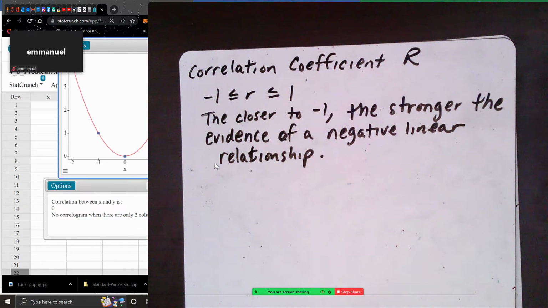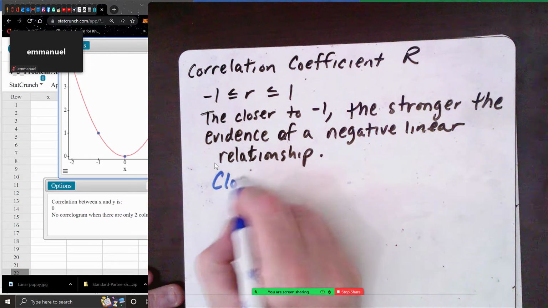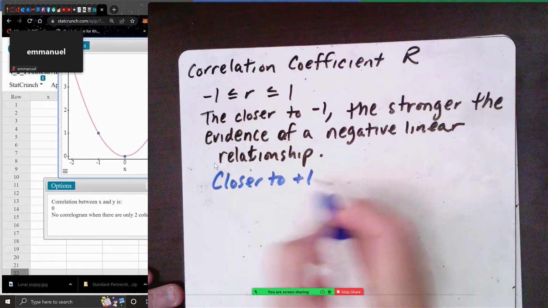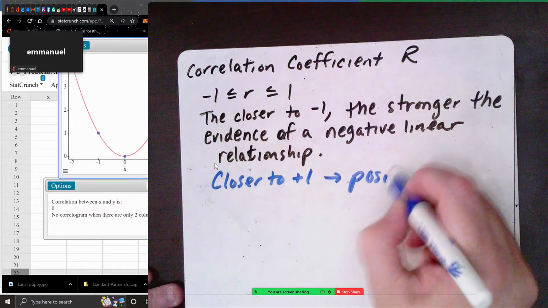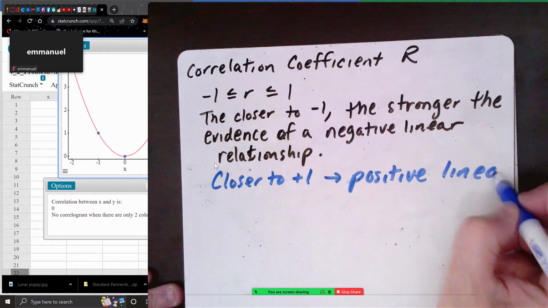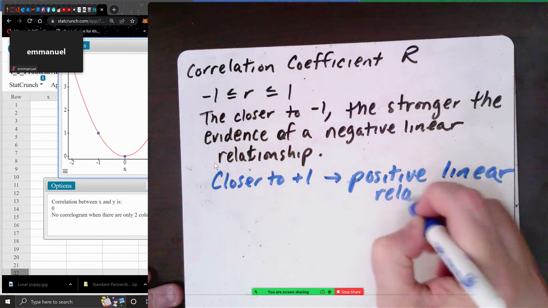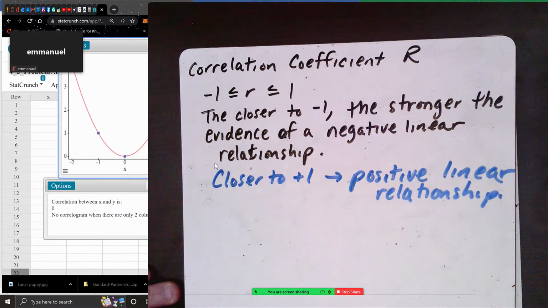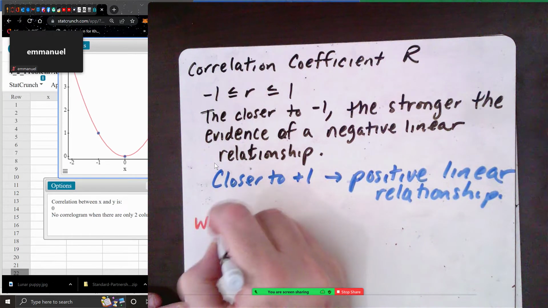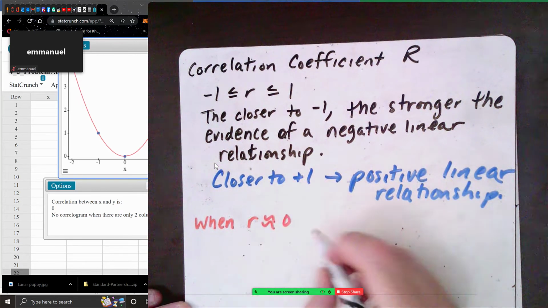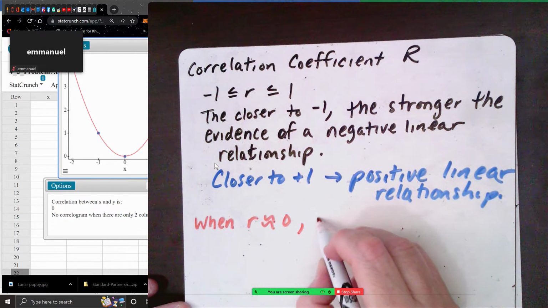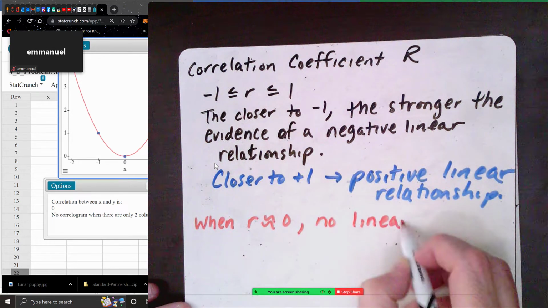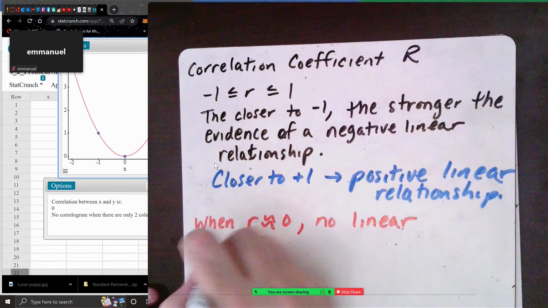And I could literally repeat this and say closer to +1, positive linear relationship. As we saw, when R is close to 0, there is no linear relationship, but maybe a nonlinear one.